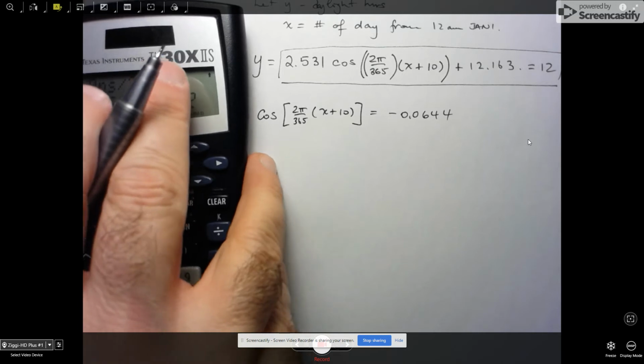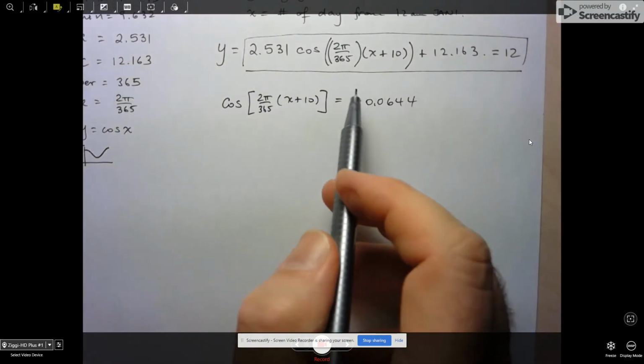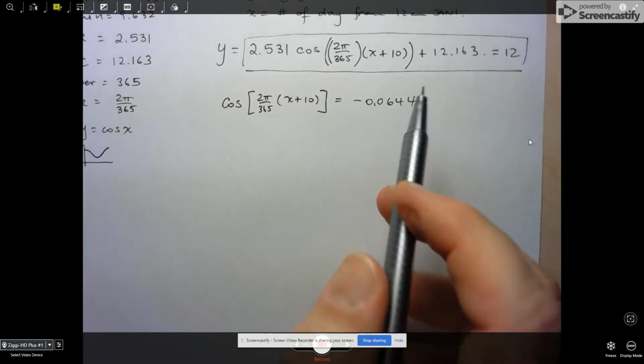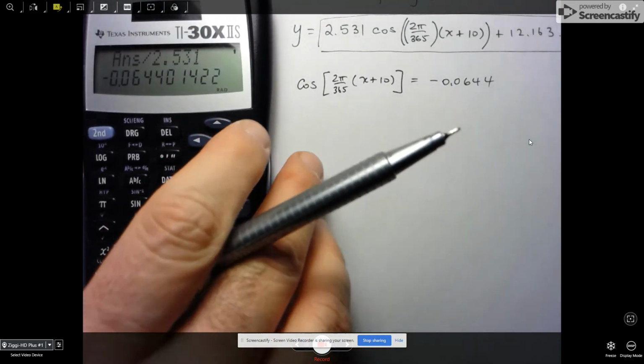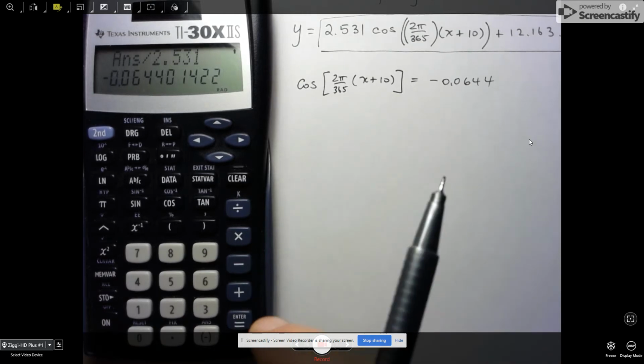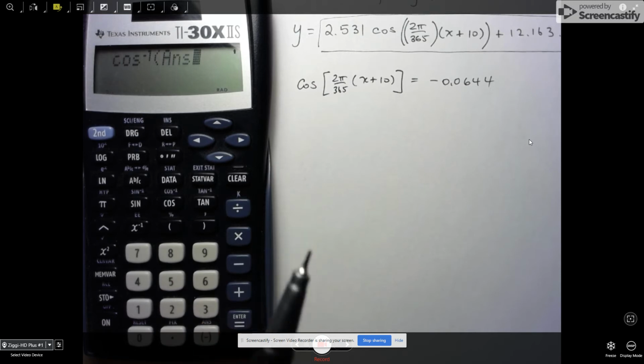Now we're going to solve this. Step 2 is to determine two values whose cosine is equal to this number. Since this does not relate to a special angle, the first one is to use inverse cosine. So inverse cosine of our answer from before gives us 1.64.